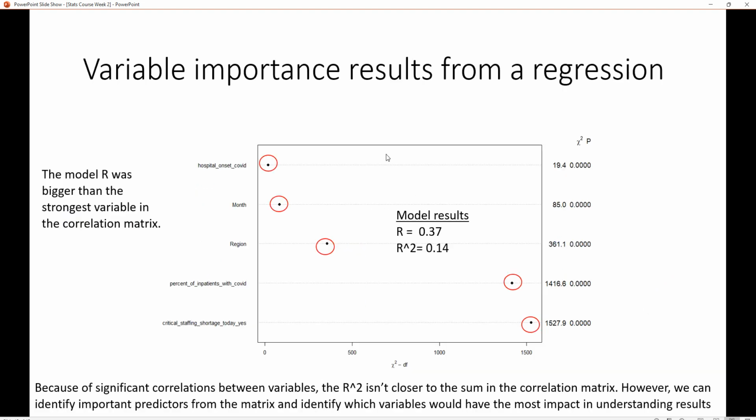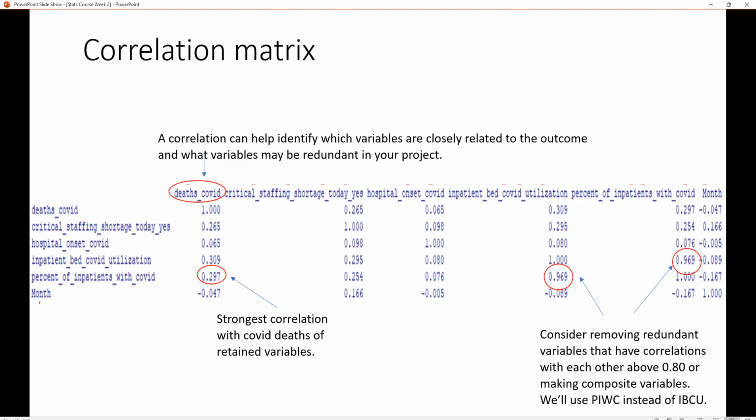So we see that this regression model gives us a little bit more information than the correlation coefficient, but if you're not able to get access to regression results, you can get a pretty good idea of what predicts your COVID deaths based on that percent of inpatients with COVID.